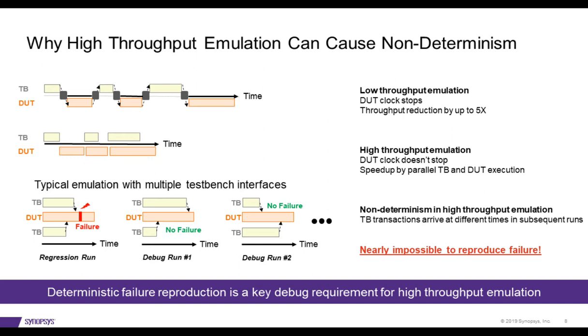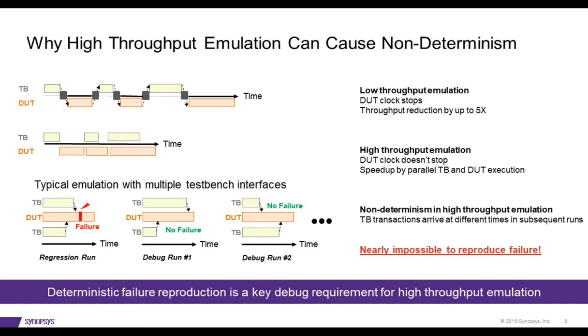And on top of that, because of the DUT start-stop, there is going to be some latency built into it. So, with this type of low throughput emulation, your overall throughput of the test case can be impacted by up to 5x. On the other hand, if you look at a high throughput emulation, DUT clock never stops. It is always running, and then we are able to speed up the throughput by parallelizing test bench and DUT execution.